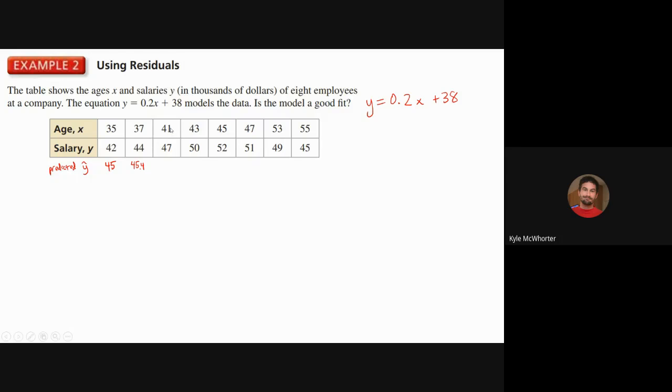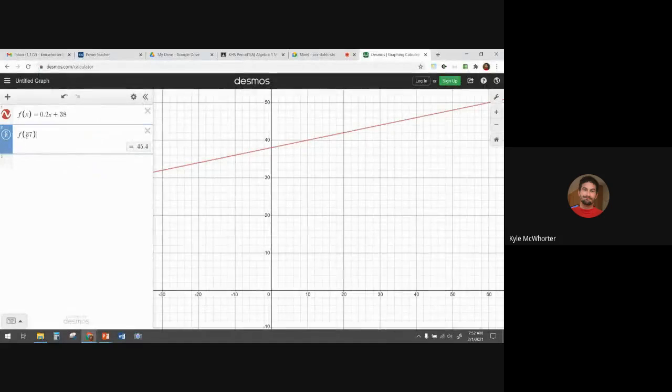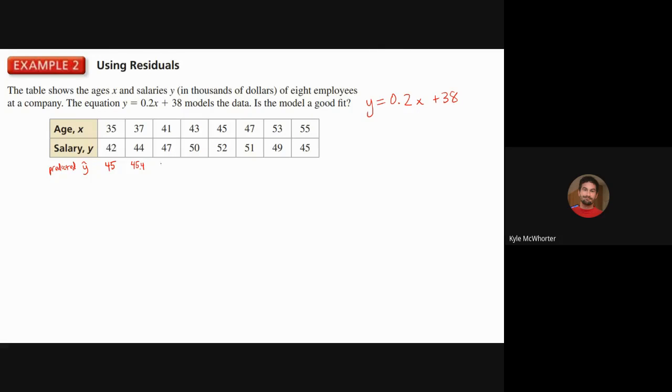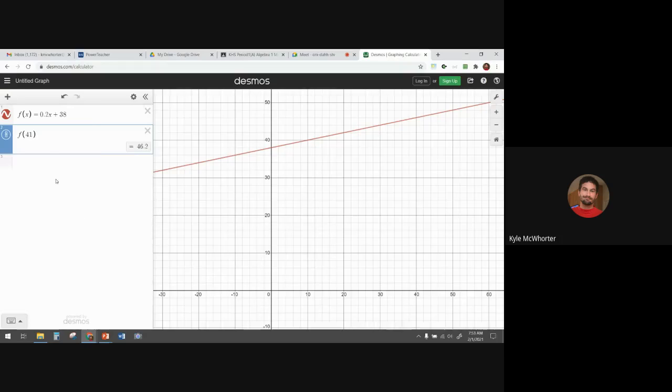Then 41 is the next value, and the y value we get is 46.2. And then 43. F of 43 is 46.6.